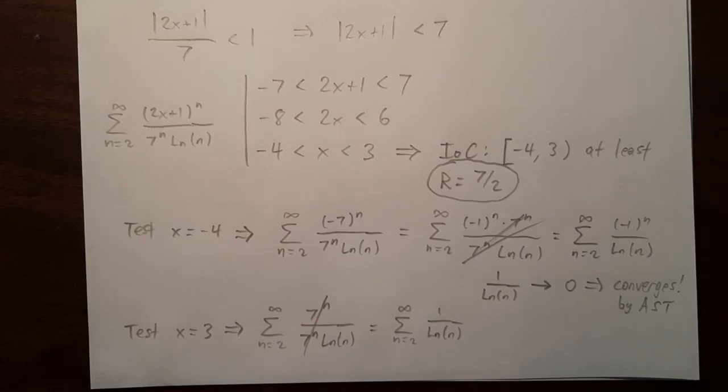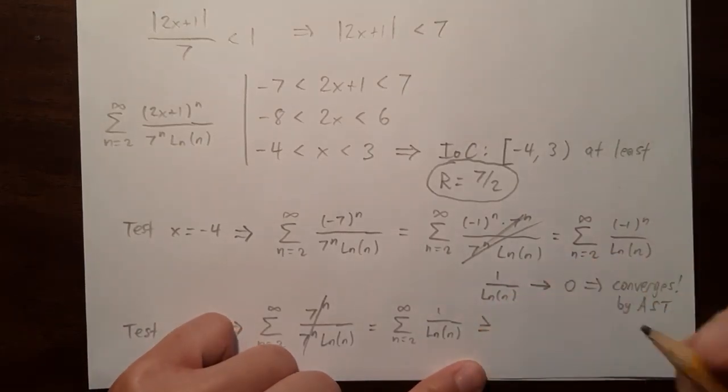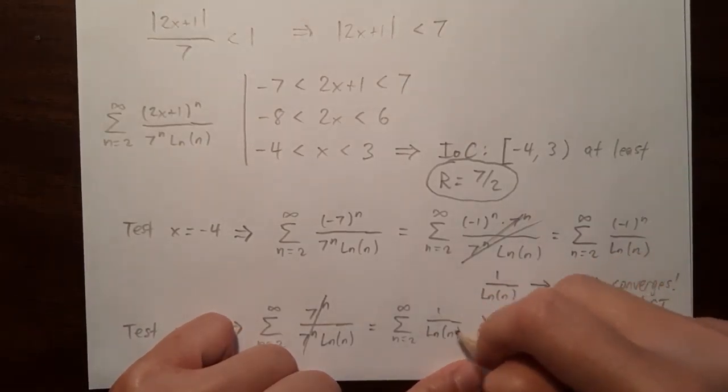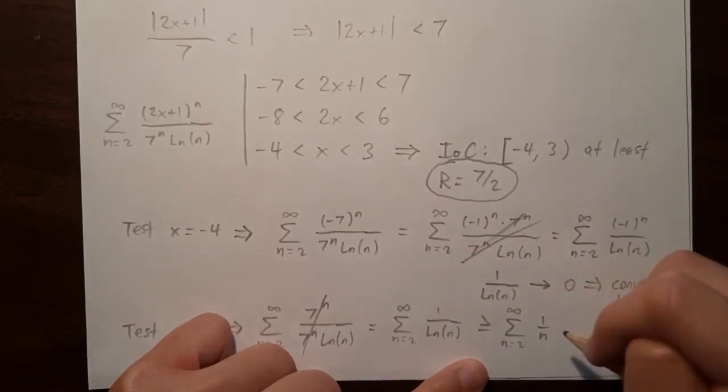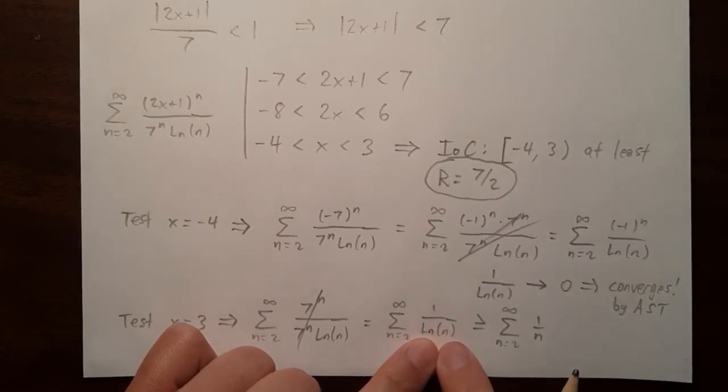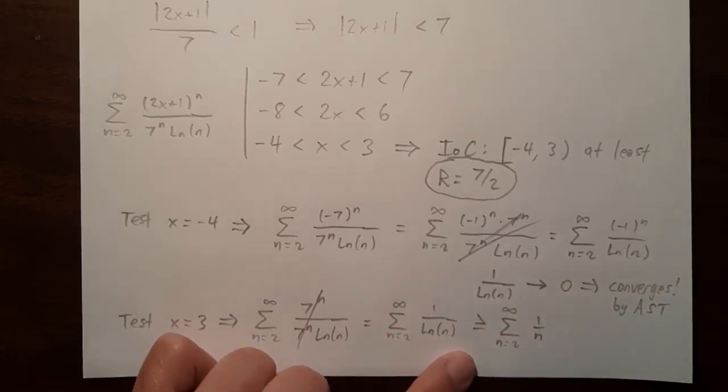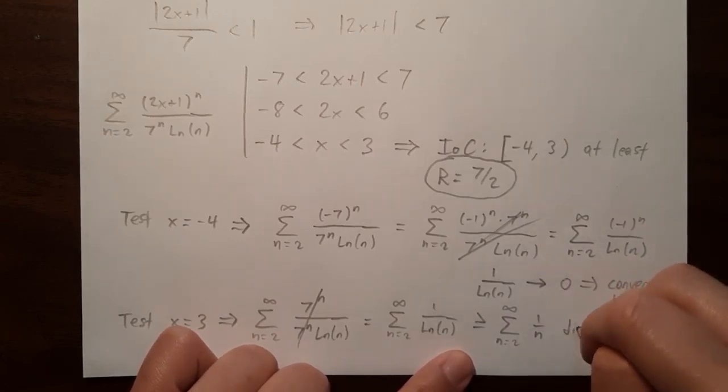So a smaller denominator, a bigger fraction. So by the direct comparison test, this series should be bigger than the harmonic series, 1 over n. ln of n is generally smaller than n, smaller denominator, larger fraction, larger series. And this thing we know diverges.